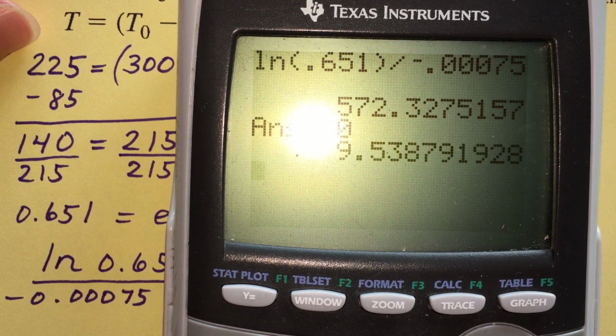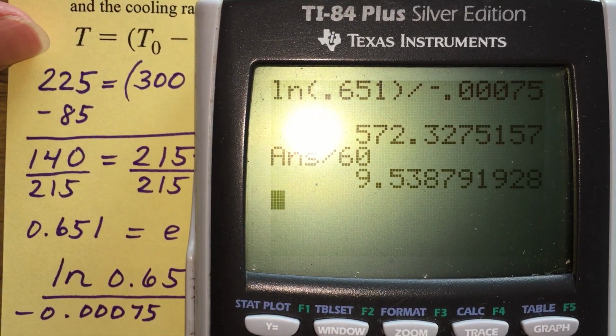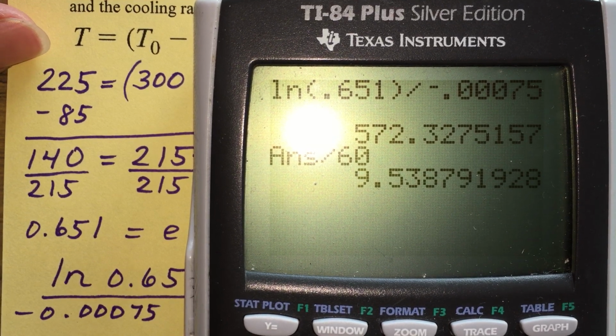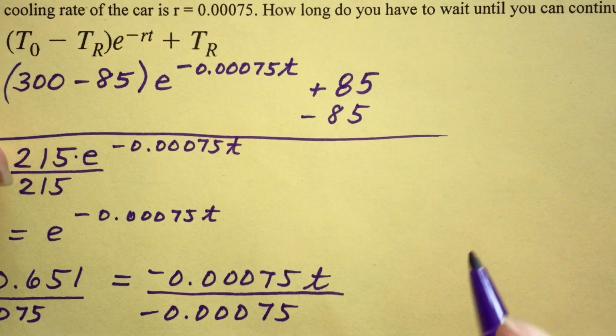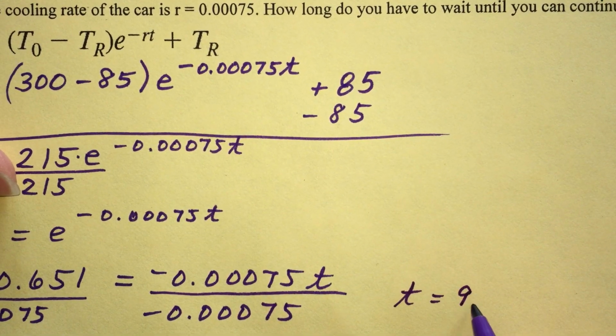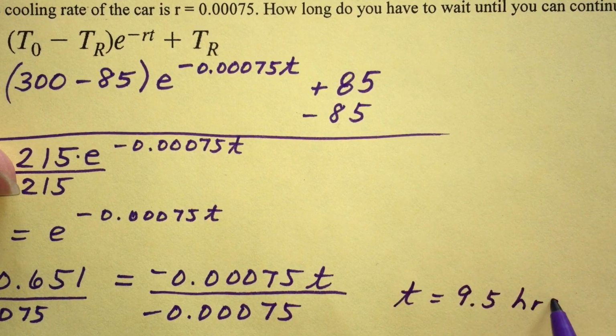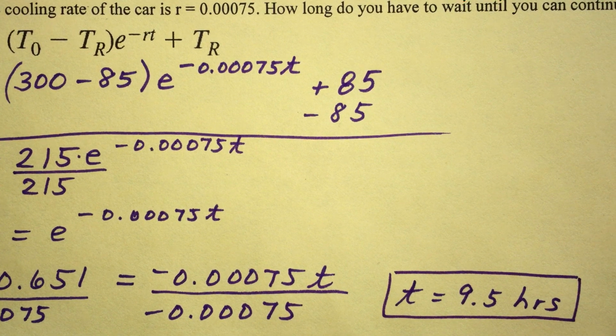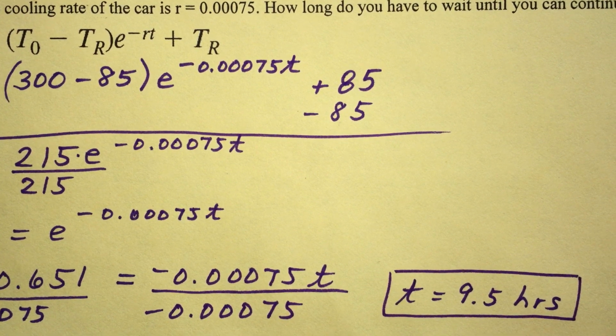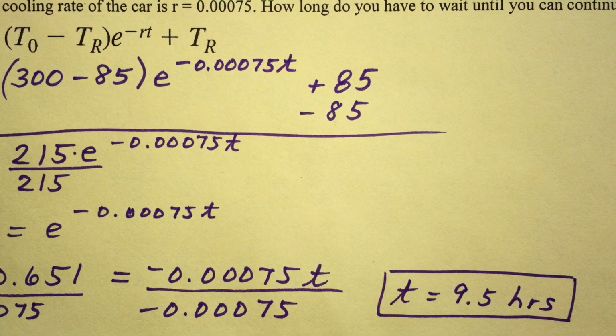It's saying we need to wait 9.5 hours. I'm going to check that answer later, but right now I got 9.5 hours. Seems like that's a long time, but I guess it makes sense considering it's so hot out.